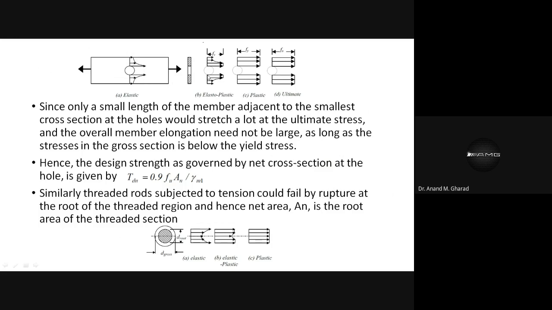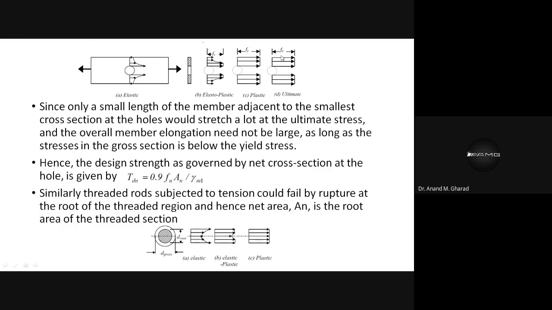Now, based on this, there is one observation. Since only a small length of the member adjacent to the smallest cross section at the holes would stretch a lot at the ultimate stress, the overall member elongation need not be large. Meaning of this is very simple. When this stage comes over here, what do you observe?